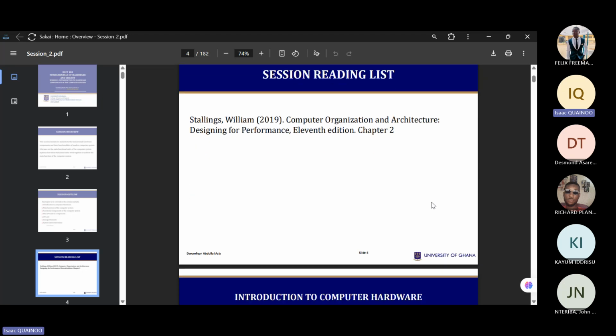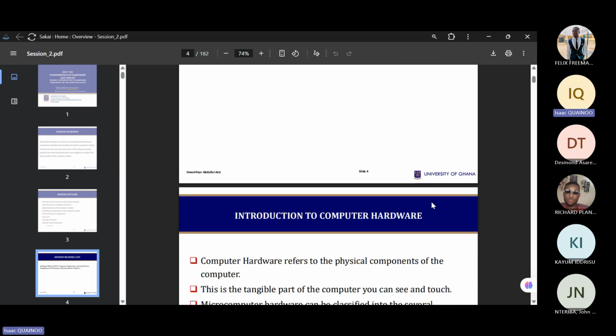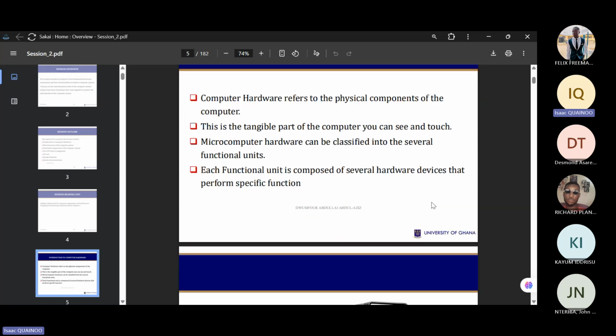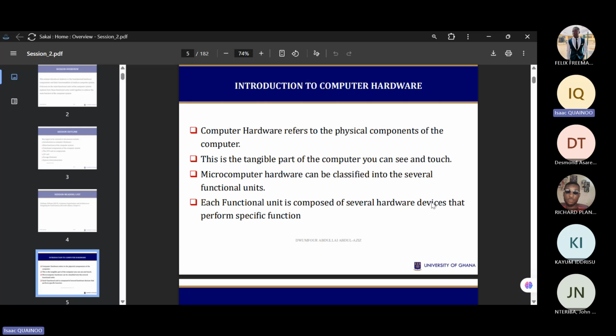The number of pages is a bit huge. We have 182 slides in this particular presentation, so we might not be able to finish everything today. However, we would make all efforts to get as far as we can, and then we look at how best we can continue from there in our next session.